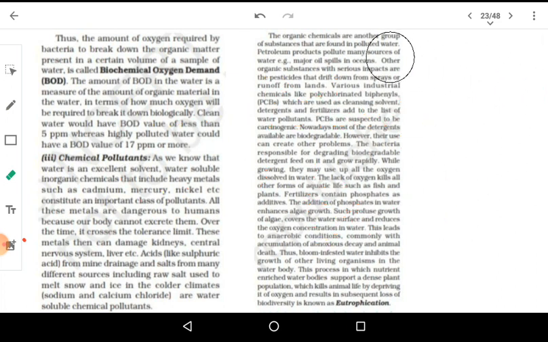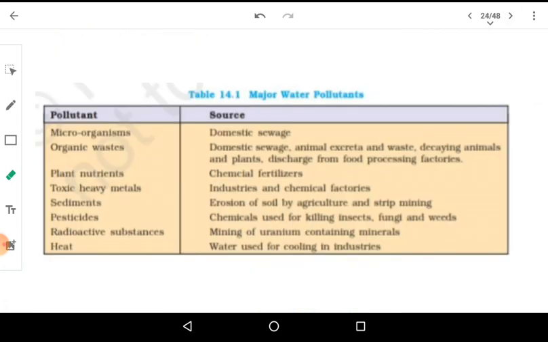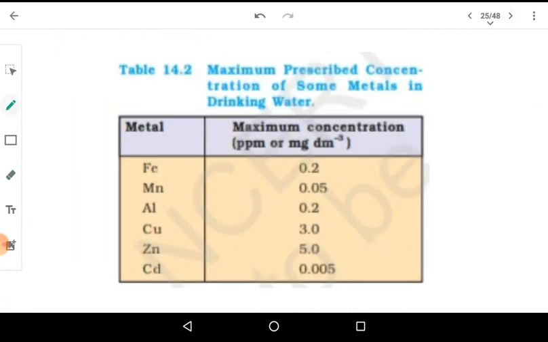Now let us move on to the chemical pollutants. As we know, water is an excellent solvent, so there will be many chemical pollutants as well. Let us see some of the chemical pollutants. These are the standard values, the maximum prescribed concentration of some metals in drinking water. Iron is 0.2. Manganese is 0.05, very less.